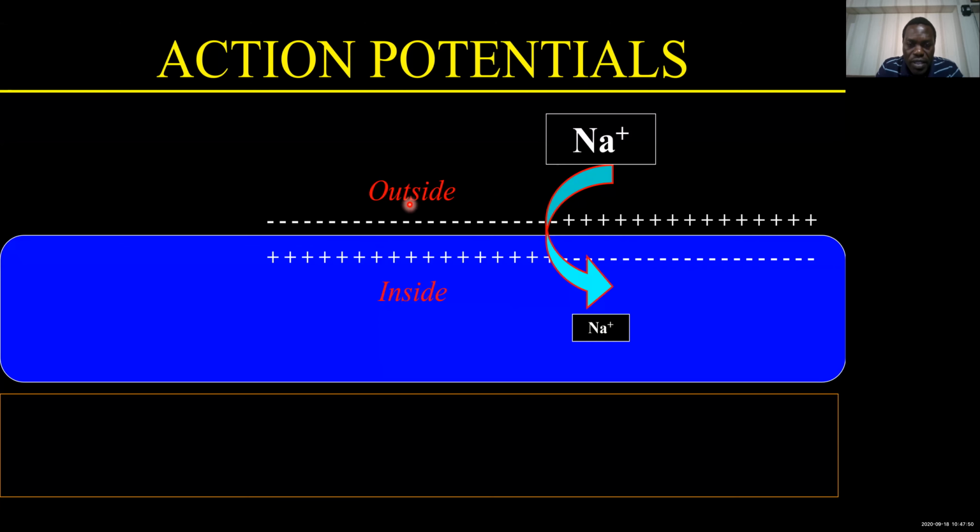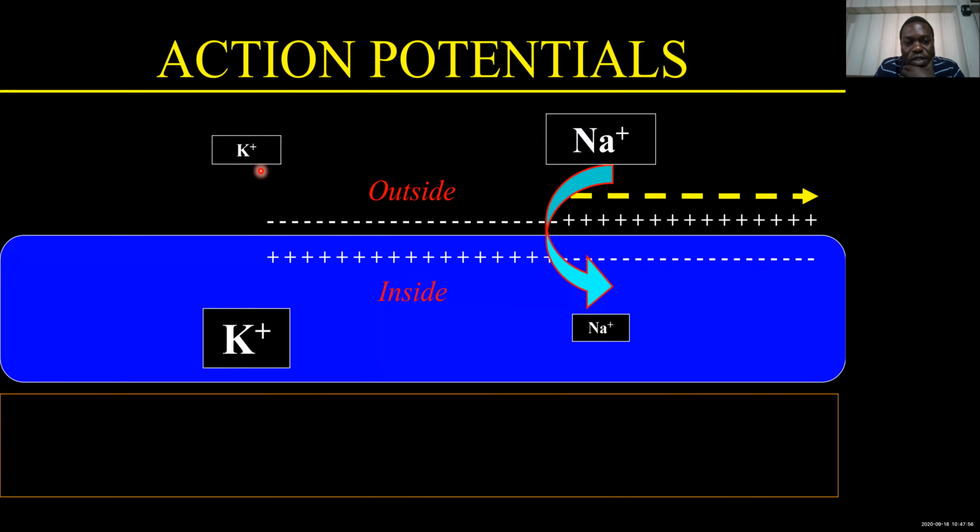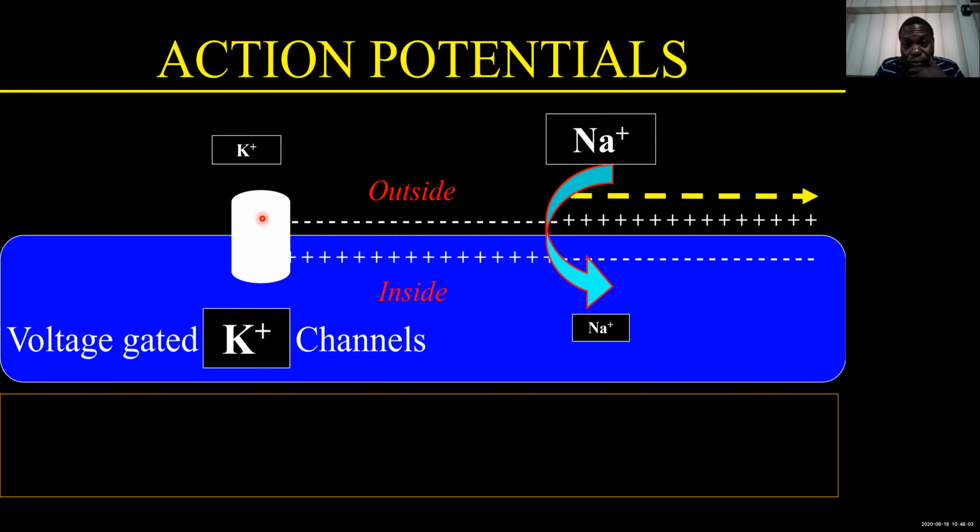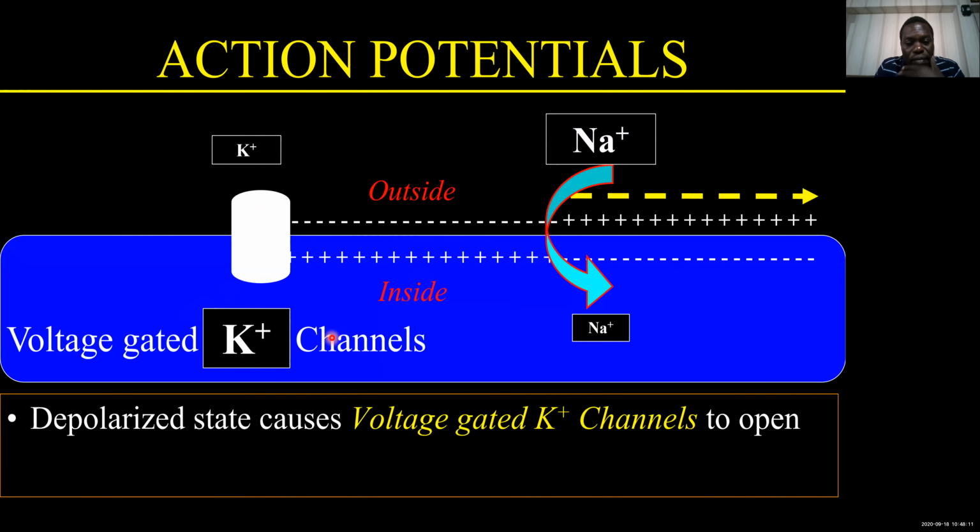So what happens? When the membrane is depolarized, it will cause voltage-gated potassium channels to also open. Now tell me what will happen if you open voltage-gated potassium channels. It means that you are going to have massive potassium efflux.